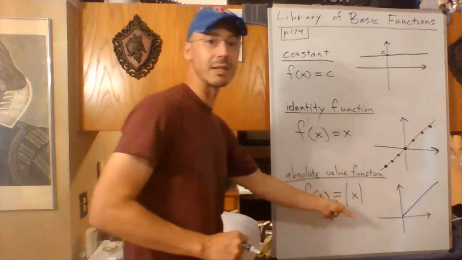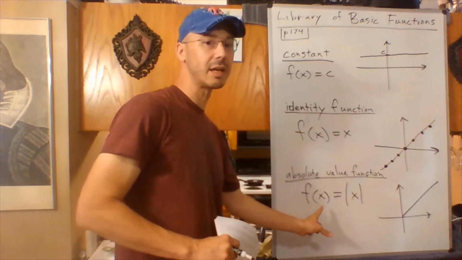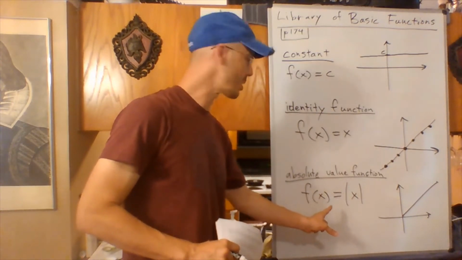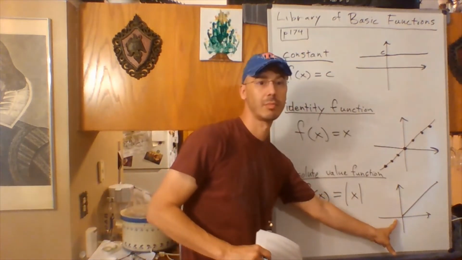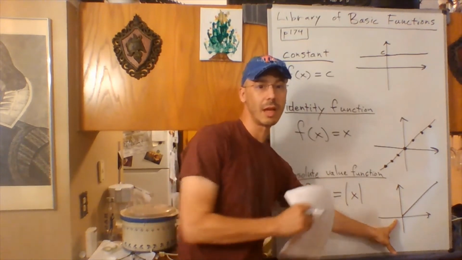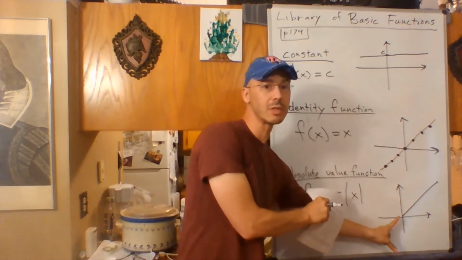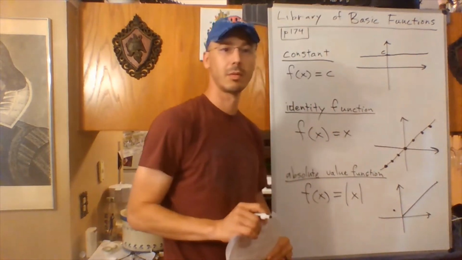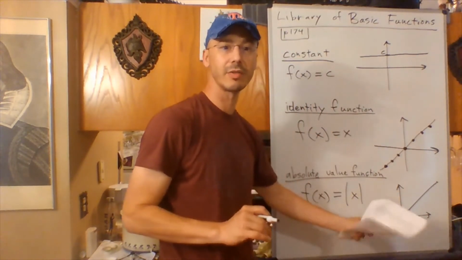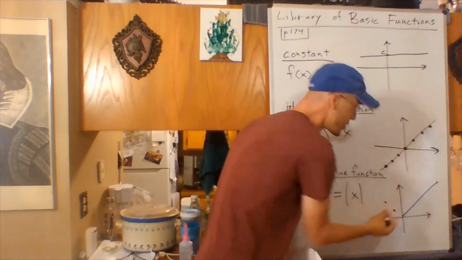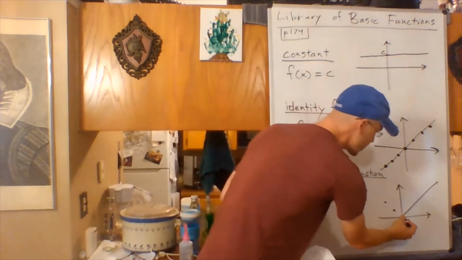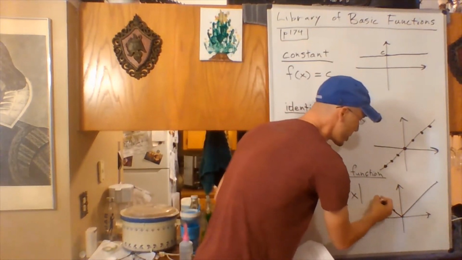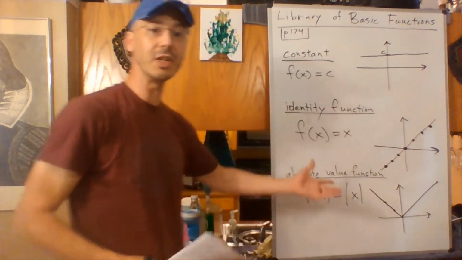But on the left-hand side, when x is negative, for example, f of negative 1 is the absolute value of negative 1, which is positive 1. Absolute value of negative 2 is positive 2. And it doesn't just happen on those whole number points. It's really a whole V-shaped curve.